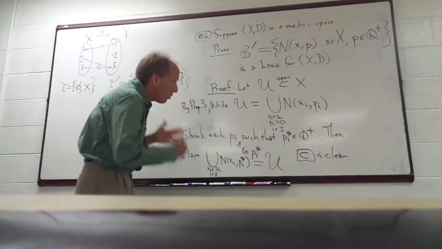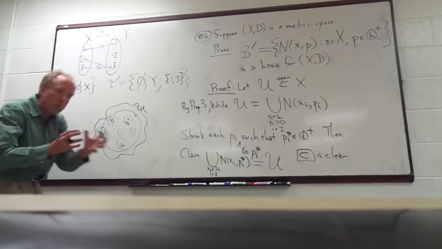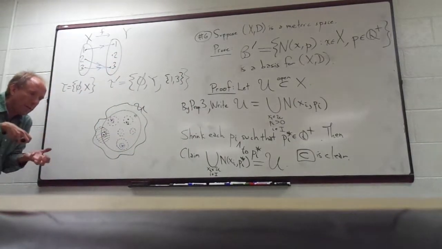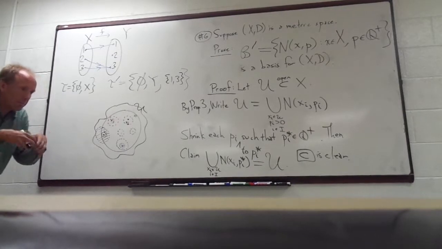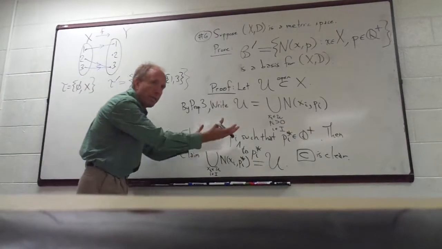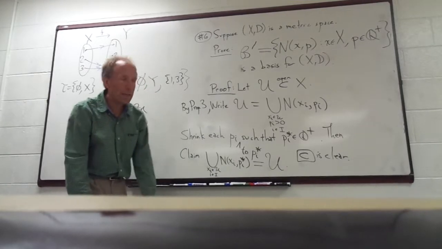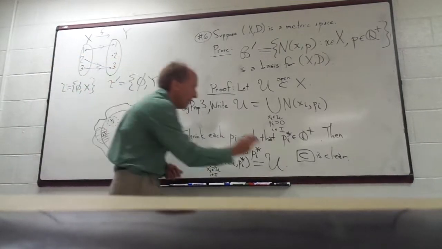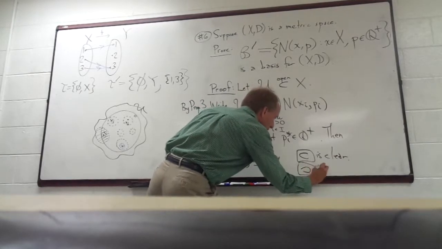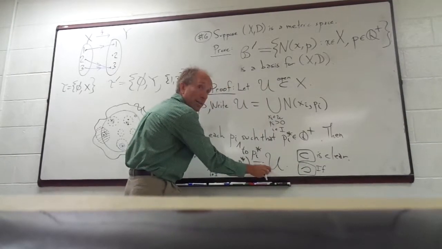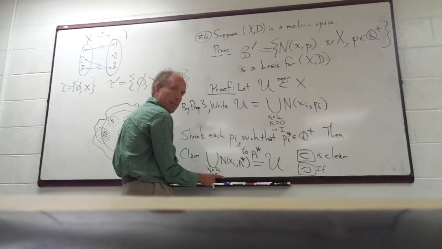Right? My only concern is that when I shrank all those neighborhoods down, suddenly my collection in this whole union of everything doesn't get me the whole set anymore. What do you guys think? Is it going to work the other way? If I pick something here, will it live here?